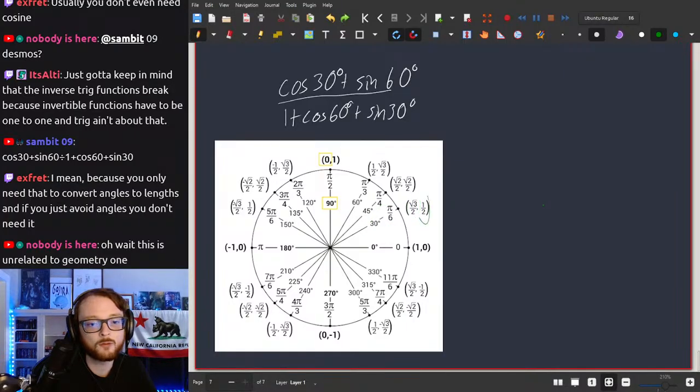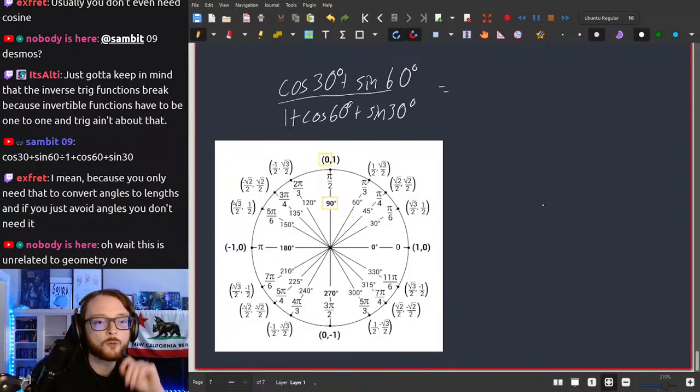For sine, you take the y value. So cosine of 30 is going to be root 3 over 2. Then we have sine of 60 to deal with. So we go to 60 degrees, read off the y value.